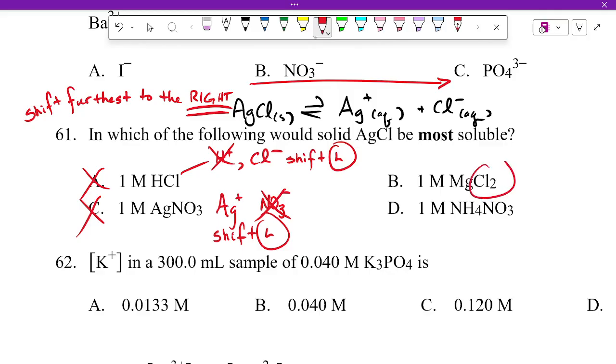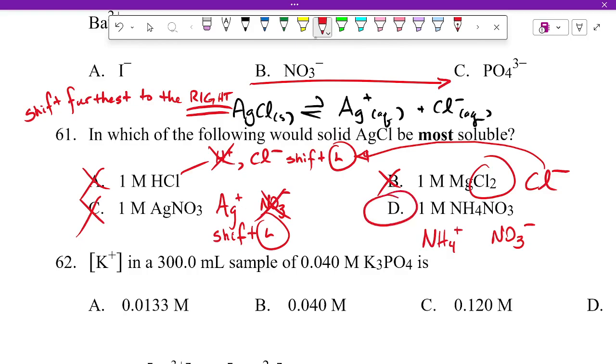MgCl2 gives us more Cl, and we already agreed Cl shifts it to the left, so that's not it. It has to be our last one. NH4 does nothing. NO3 does nothing, and nothing makes it more soluble than these other ones, which are all shifting it to the left. So the answer is D.